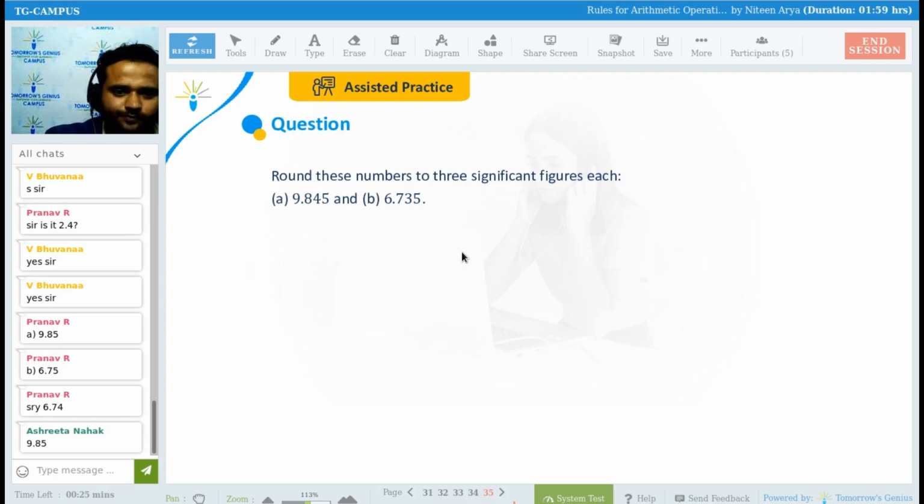See, one thing, even in the equal case, because after this nothing is going to be written down. So the solution for both the things: in 9.845, the preceding number is equal to or greater than 5, so you can change it.